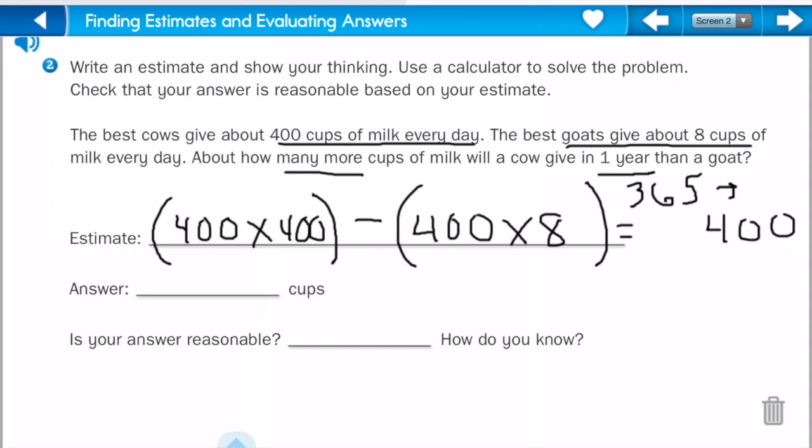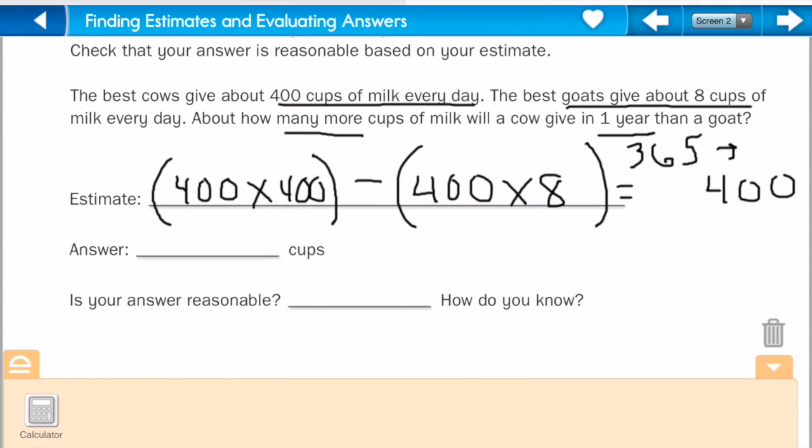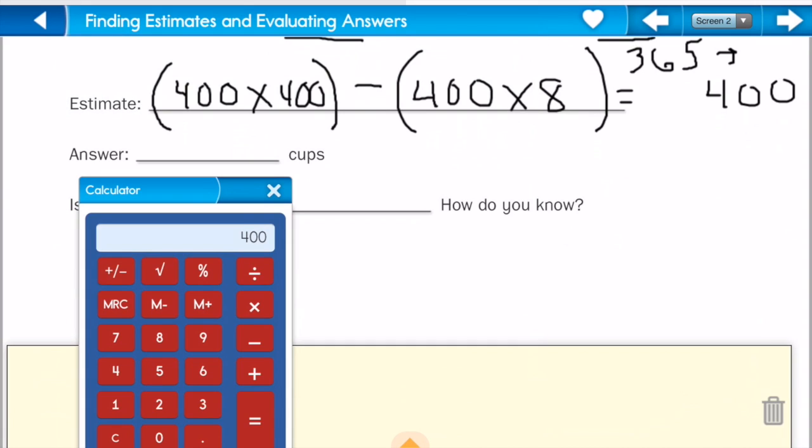Alright, so let's use our calculator to figure this out. 400 times 400, oops, messed that up.